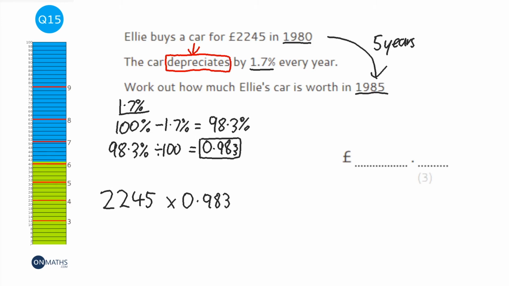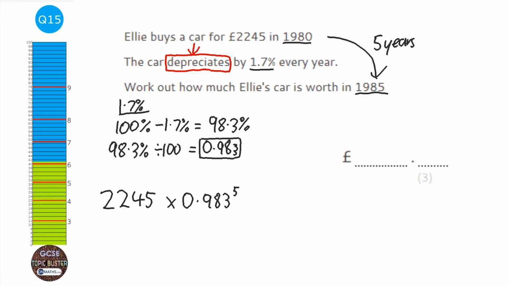But we need to times it by that amount 5 times. And instead of writing that times 0.983 times 0.983 times 0.983 5 times, I can just do it to the power of 5. You get the same answer. So in the exam, you can just write times 0.983 5 times, and that's absolutely fine. You get the same answer.